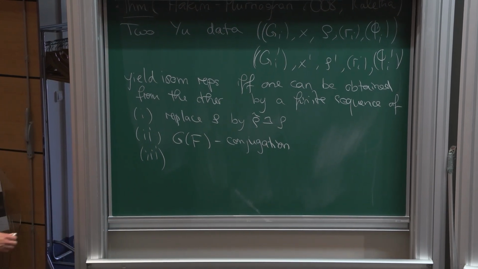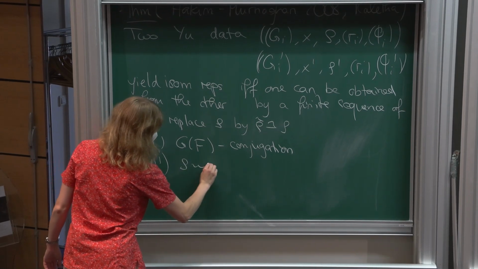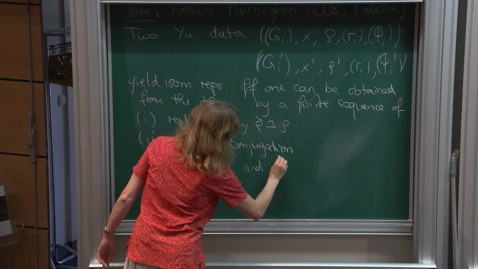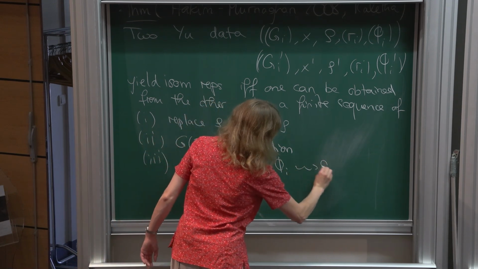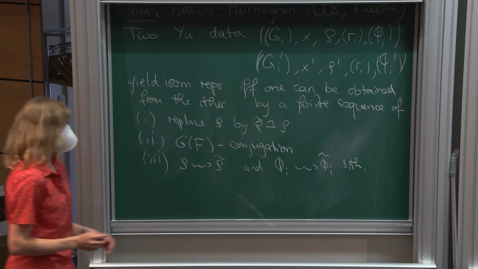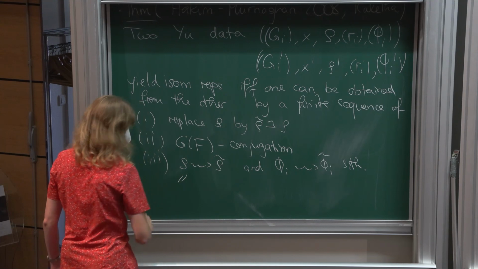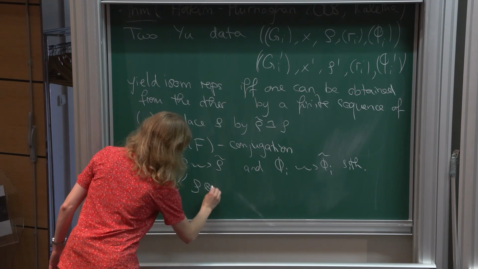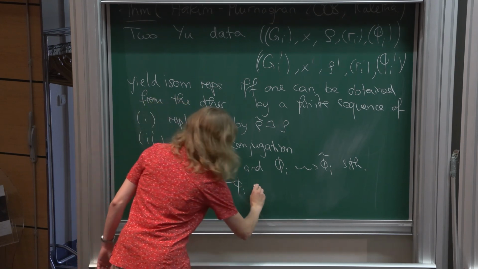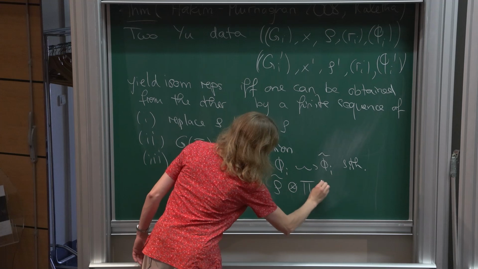And the third condition is that you can replace rho by rho tilde and the phi i's by phi i tilde, such that, roughly speaking, let me put this in quotes, if you take rho tensored with the product of all the characters, then this should be equal to rho tilde tensored with the product of all the other characters.